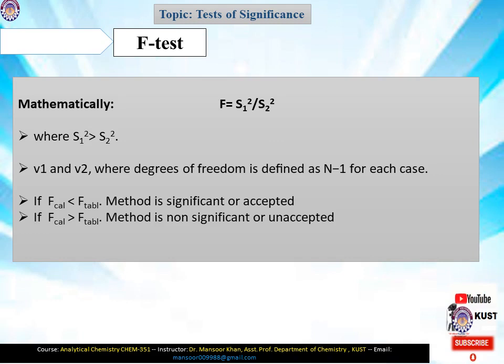So the F-test compares the two methods using the precision of the data set, because variance is the calculation of precision. So the F-test tells us which method is more precise, which data set is more precise, coming from your method or the accepted method.